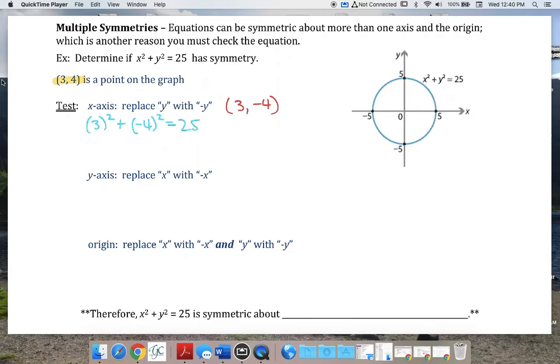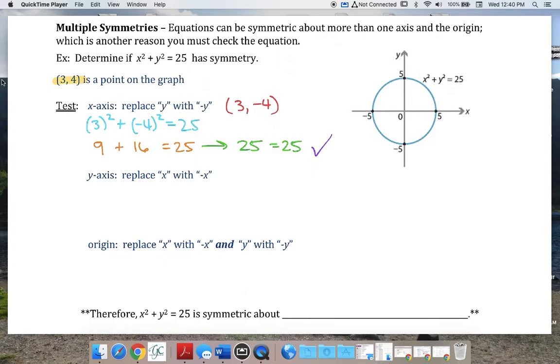So 3 squared is 9, 4 squared is 16. So then if we simplify, 9 plus 16 gives us 25. 25 equals 25. So this tells us that because that was a true statement there, this graph does have x-axis symmetry.